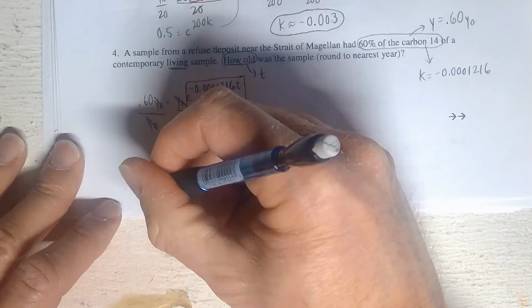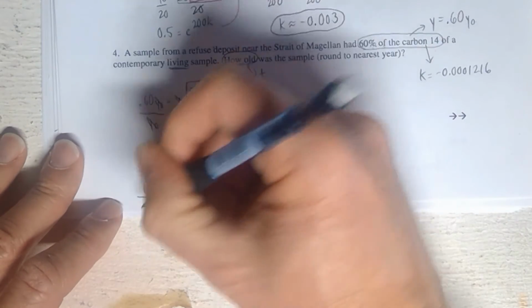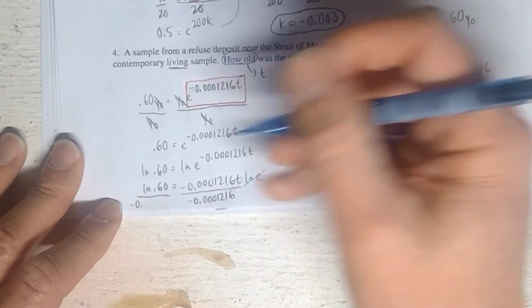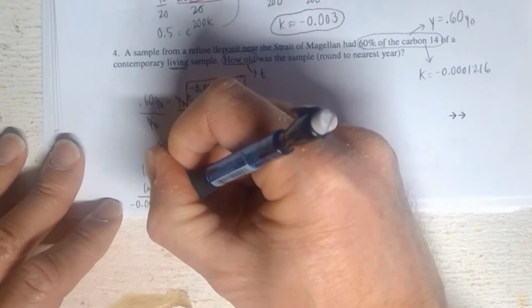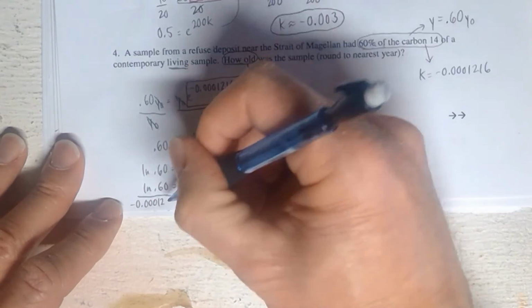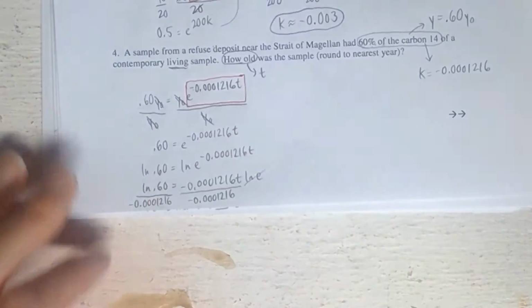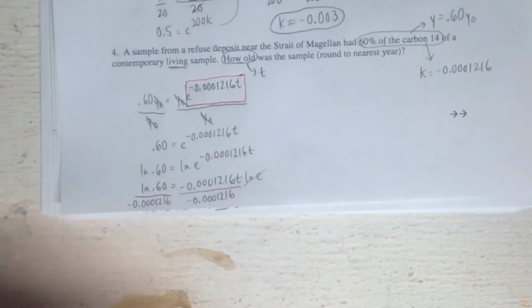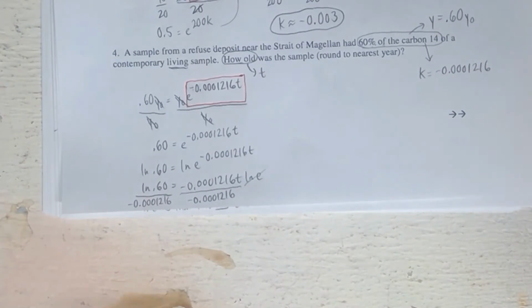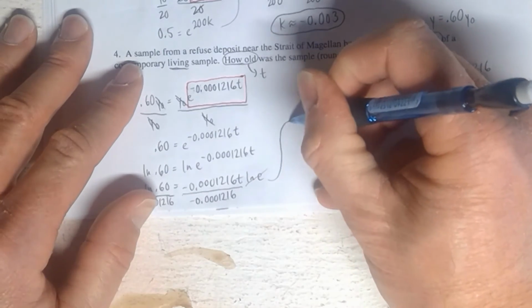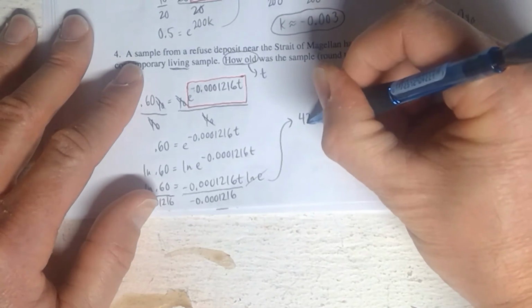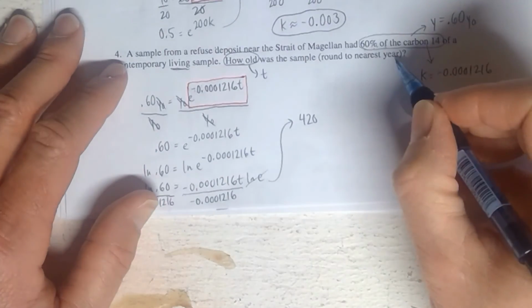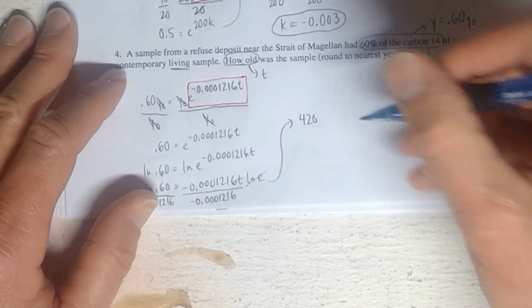All right, so if I take this and put it into my calculator, very similar to a lot of the problems we've already done as far as how you put it in your calculator. You just have an ln divided by a decimal. If I put that into my calculator right now, I am going to get 4,201 if you round it to the nearest year.